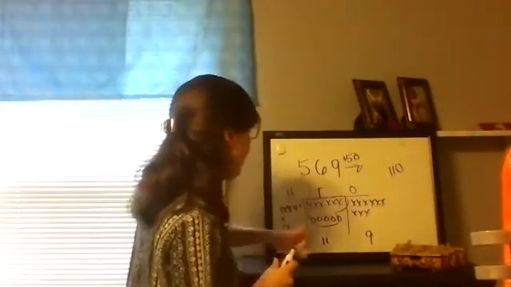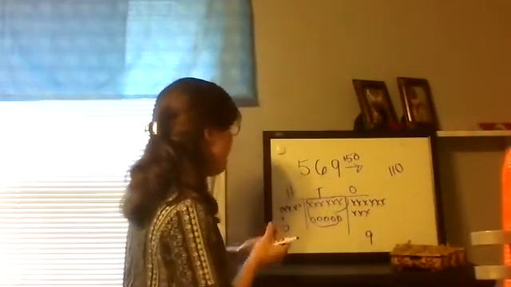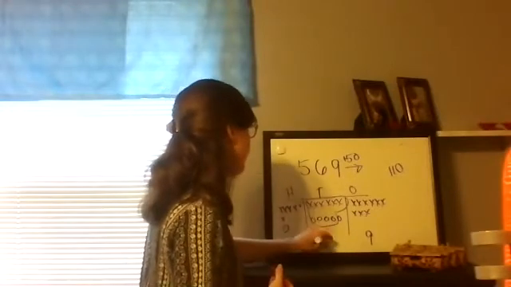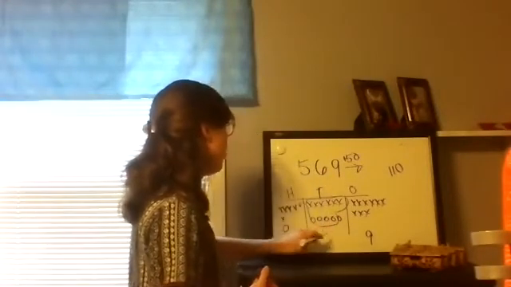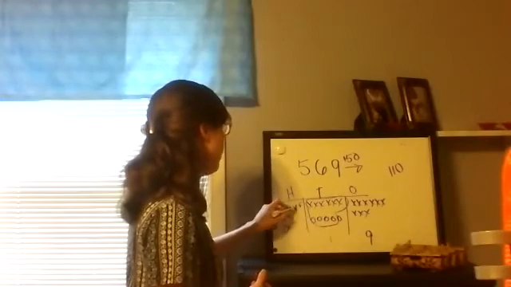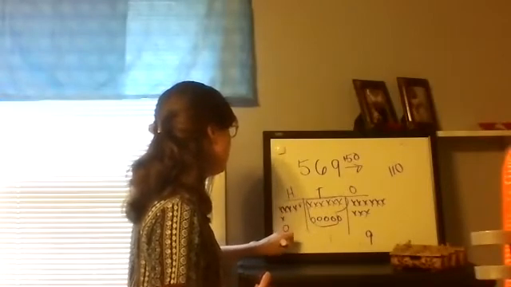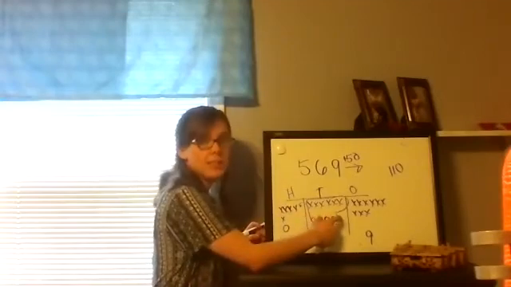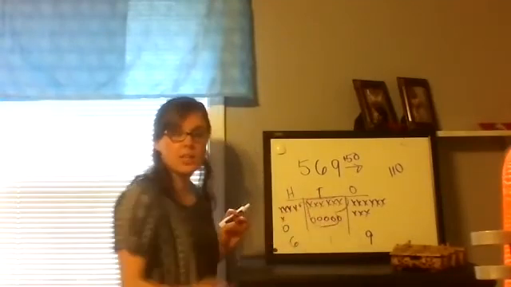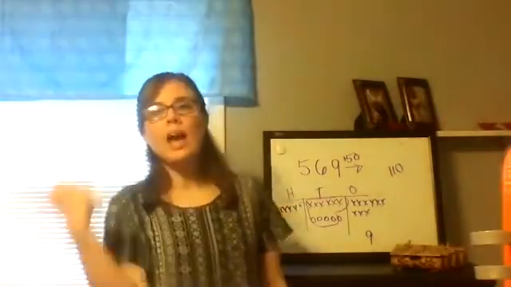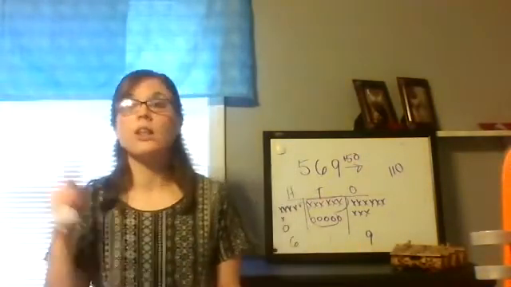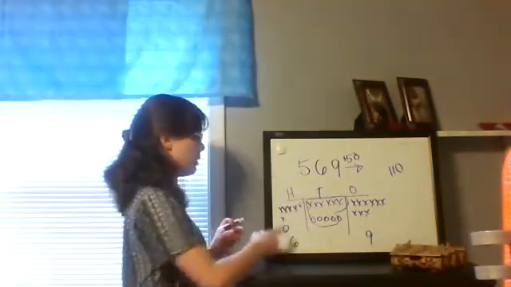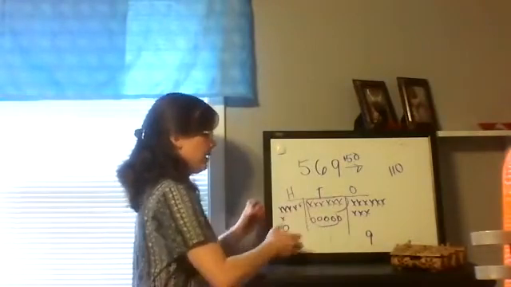So now I don't have 11 tens, I have 1 ten. 9 ones, 1 ten, and 1, 2, 3, 4, 5, 6 hundreds. My hundreds changed because I had too many tens to fit in this column. 10 tens equal 100, and we move it to the 100 side. My new number is 619.